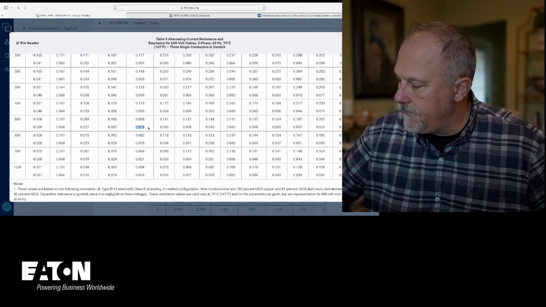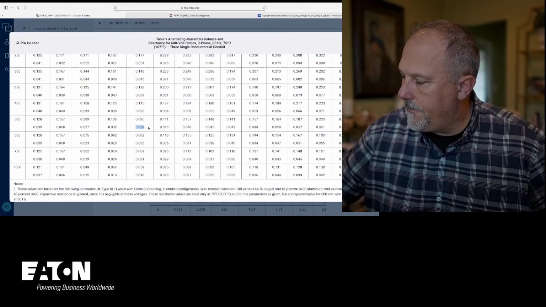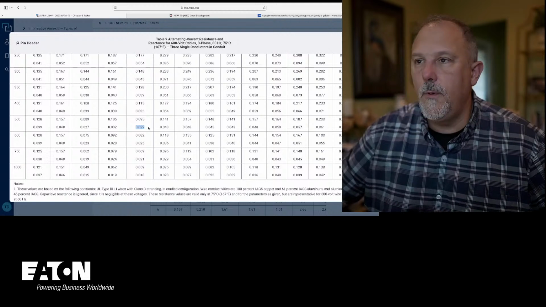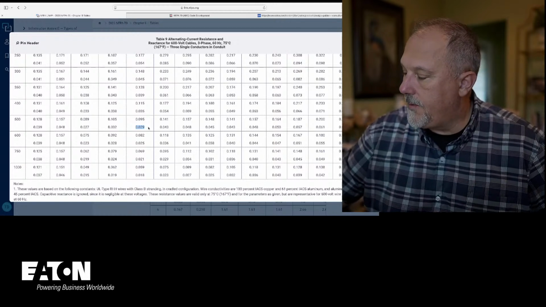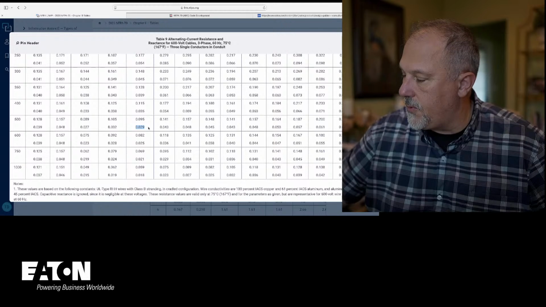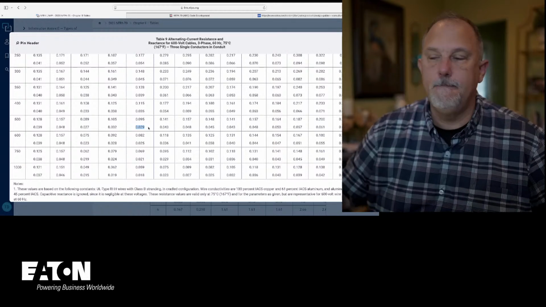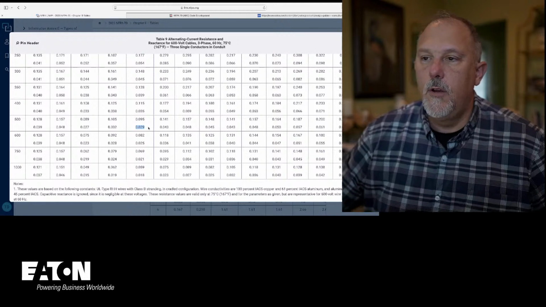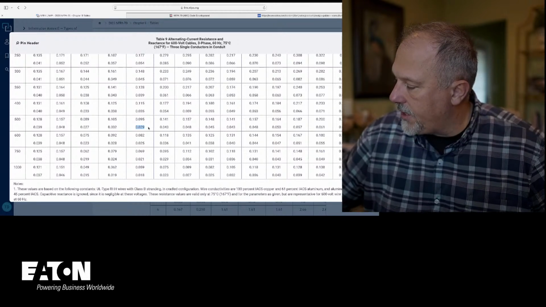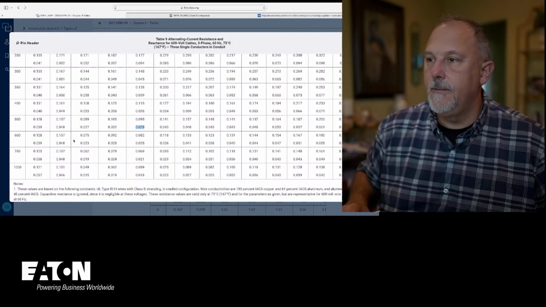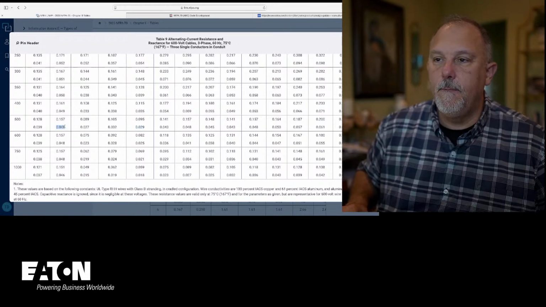So Z is equal to resistance 0.029 plus j 0.048. That is right there.